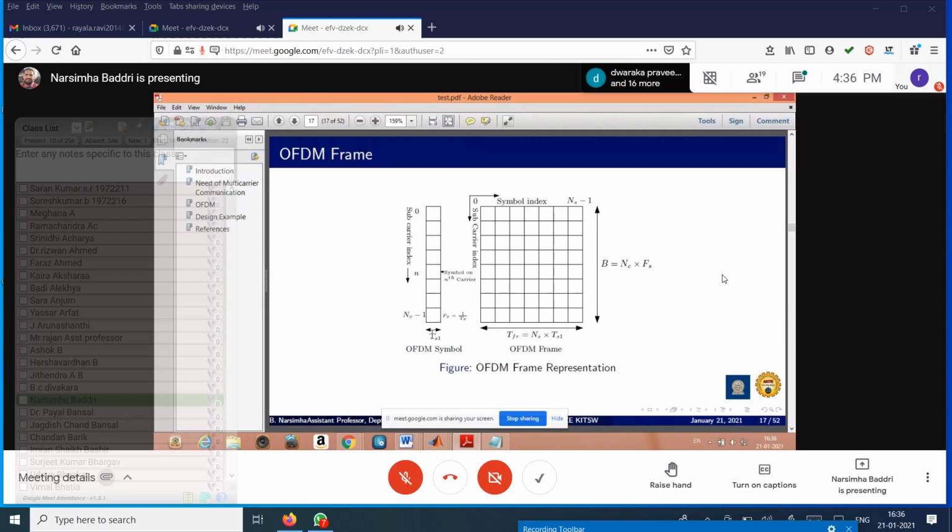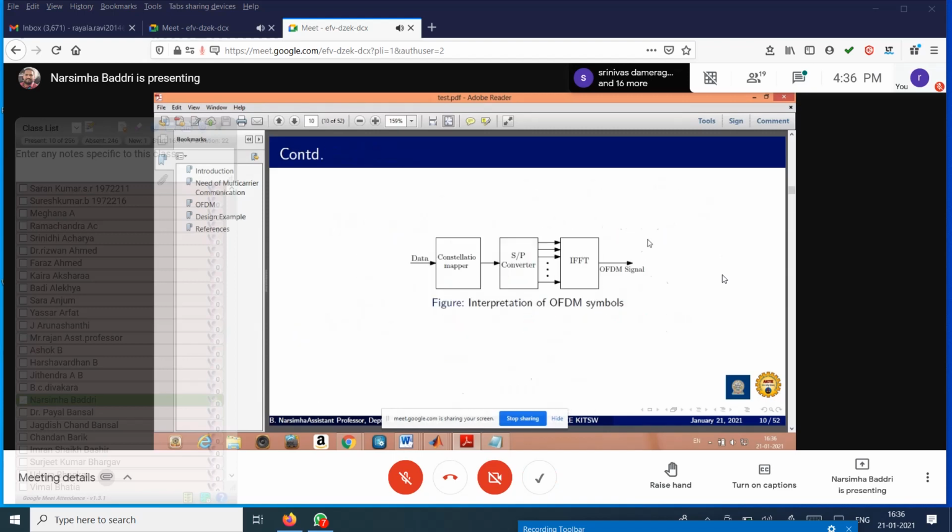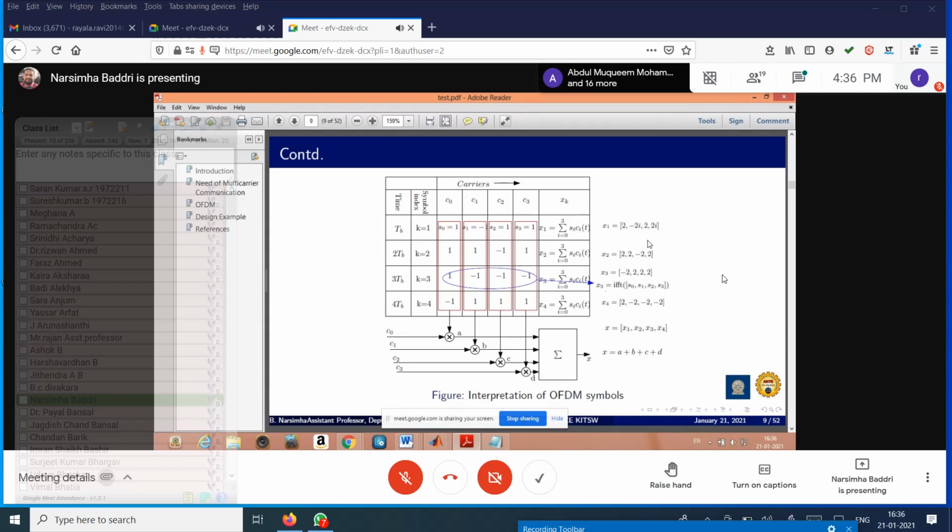And this is the symbol duration, the symbol duration of each and every OFDM symbol. Each and every OFDM symbol will consist of all the carriers. If you look at this example, suppose x1, x2, x3, x4 are the OFDM symbols.